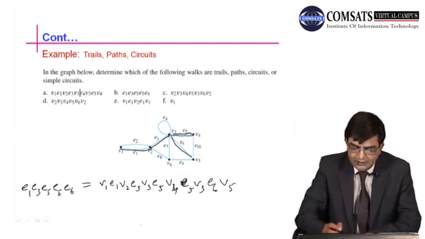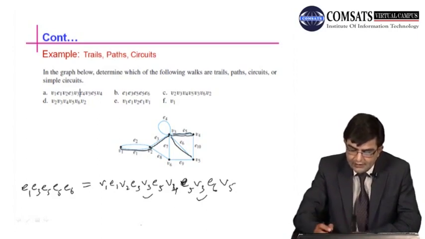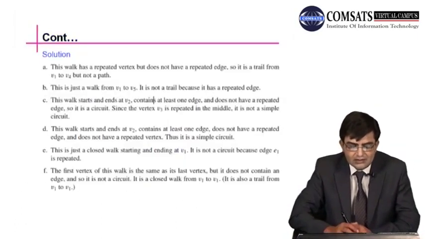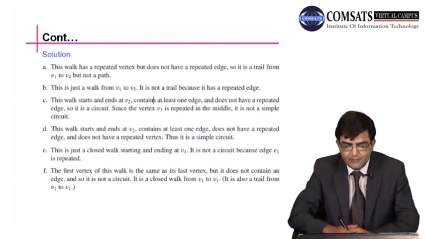Now there is a repeated vertex, V3, and there is a repeated edge here. So this is just a walk from V1 to V5.